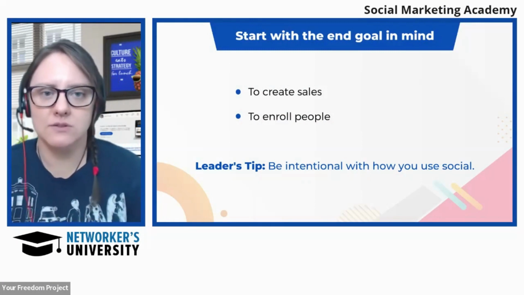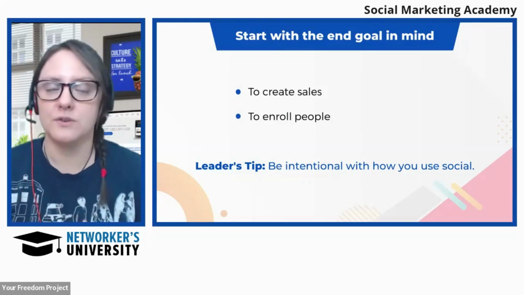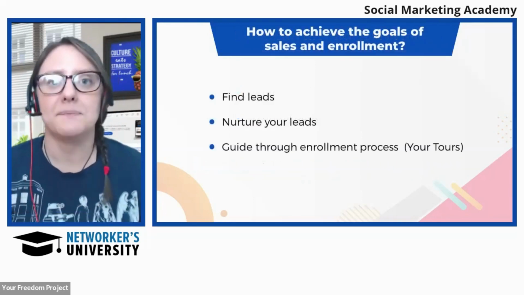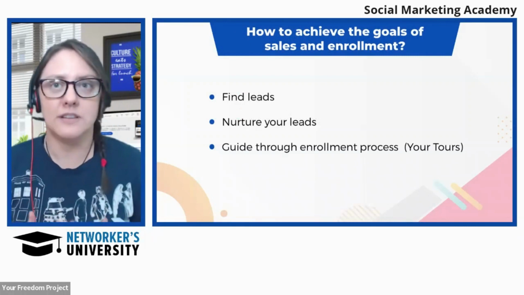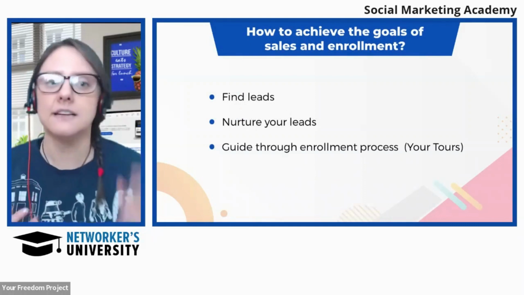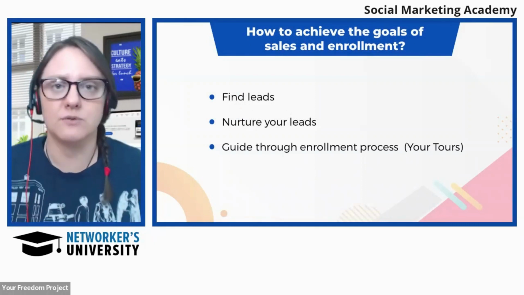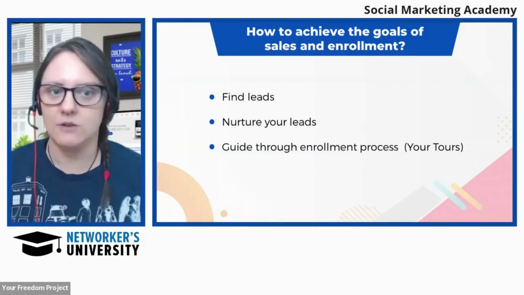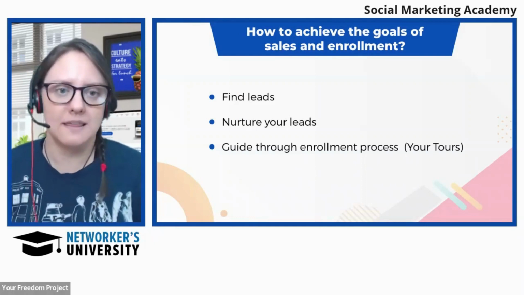So how do you achieve these goals of sales and enrollment? Well, the first is, of course, we need to find leads. And if you feel like you've already talked to your network, then it's a matter of how can we expose ourselves to more people, whether it's joining groups, but essentially growing the network.